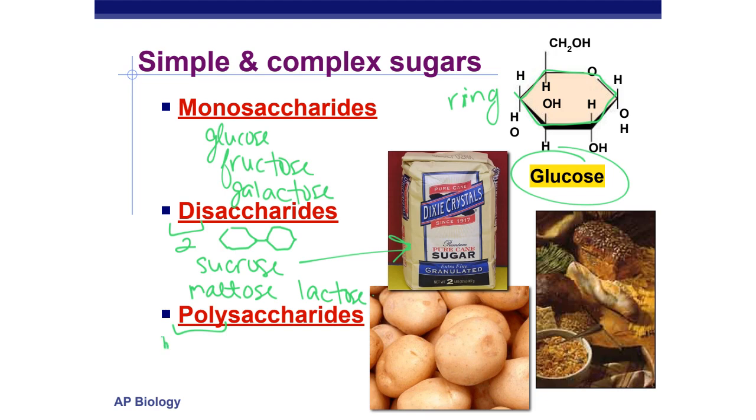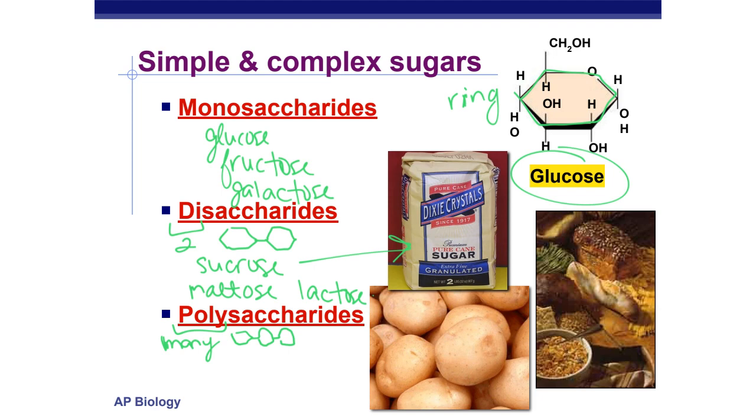Polysaccharides, remember poly means many, saccharide means sugar, so many sugars. These are going to be super long chains. There's no way I can draw all of this. They're hundreds of sugar molecules linked together, possibly thousands.